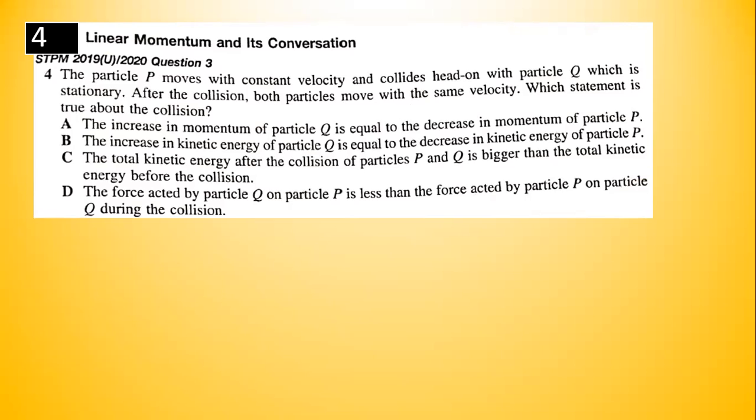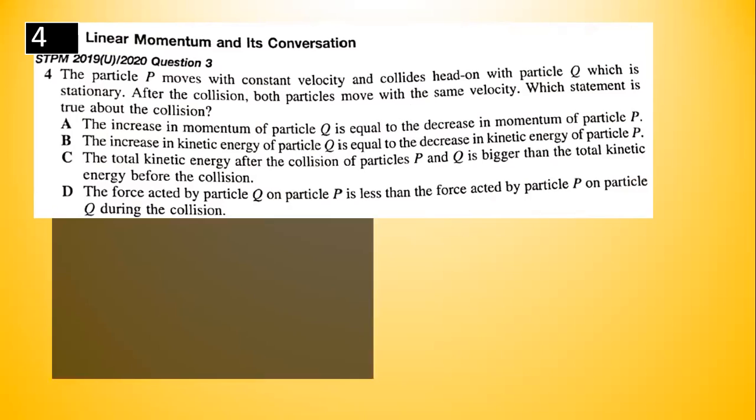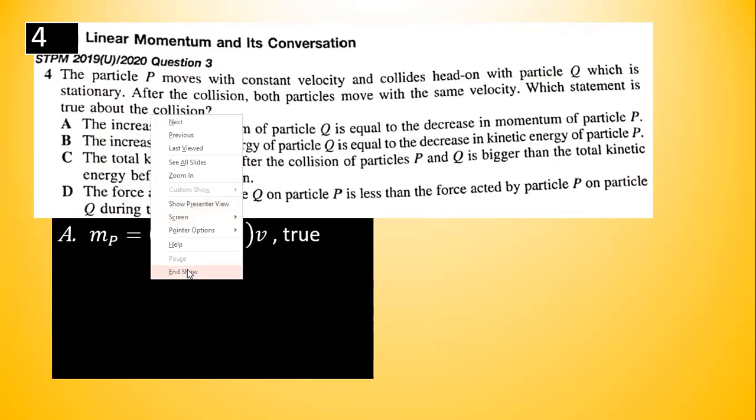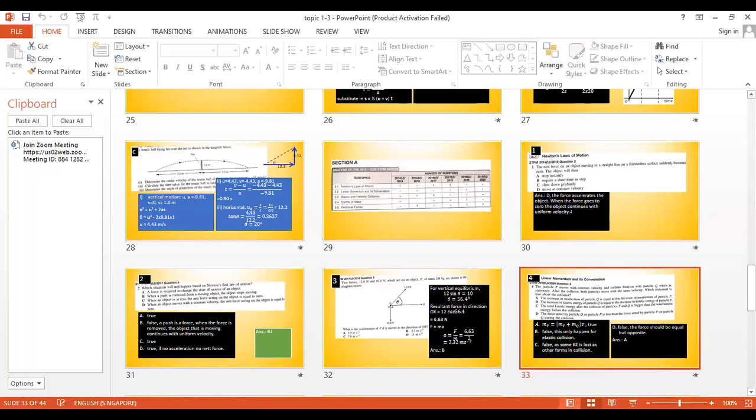The increase in momentum of particle Q is equal to the decrease in momentum of particle P. So you should be able to write this equation down. Let me just correct the mistake.